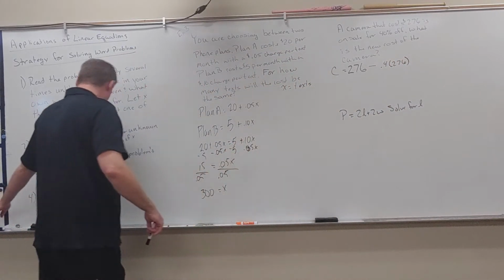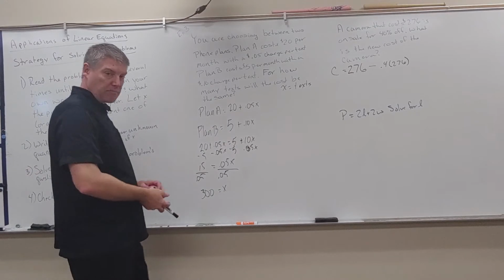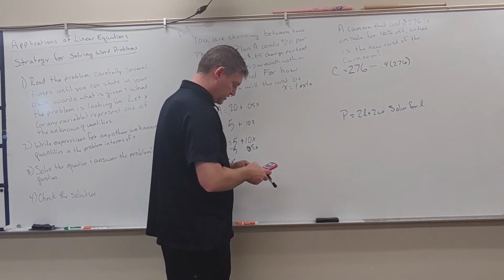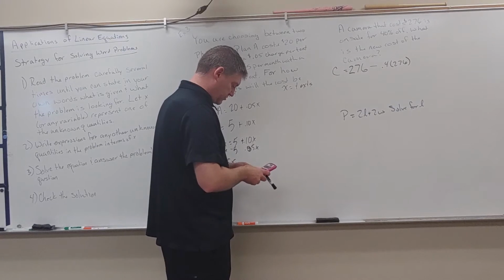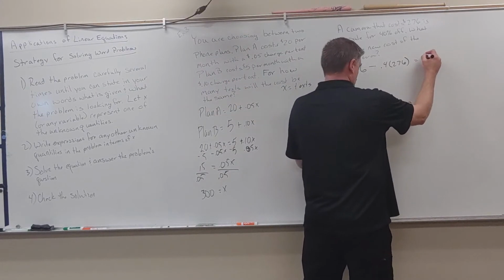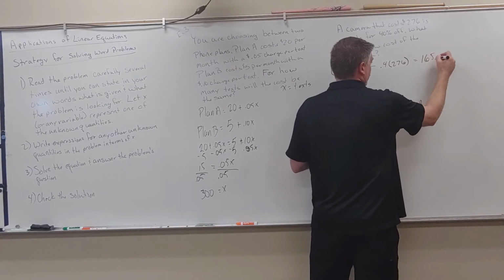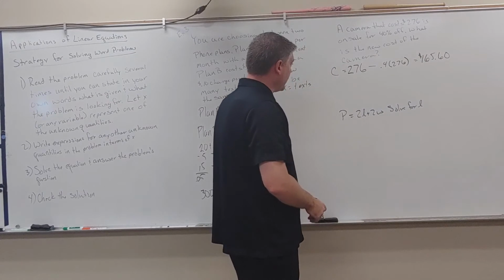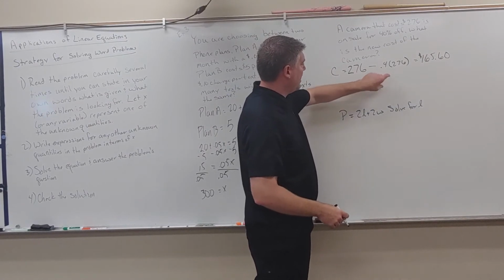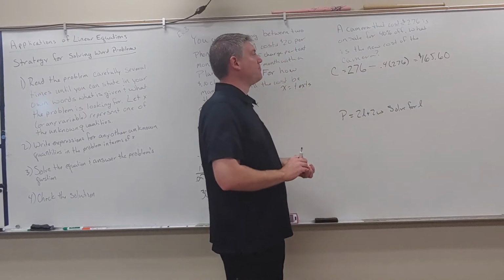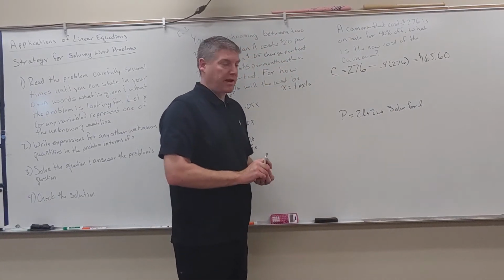So I want to have my original cost minus my discount, okay? So 276 minus 0.4 times 276, and I get a new price of $165.60, okay? So what I did here is I took my percentage off, multiplied it by the item, and then subtracted that from my original.